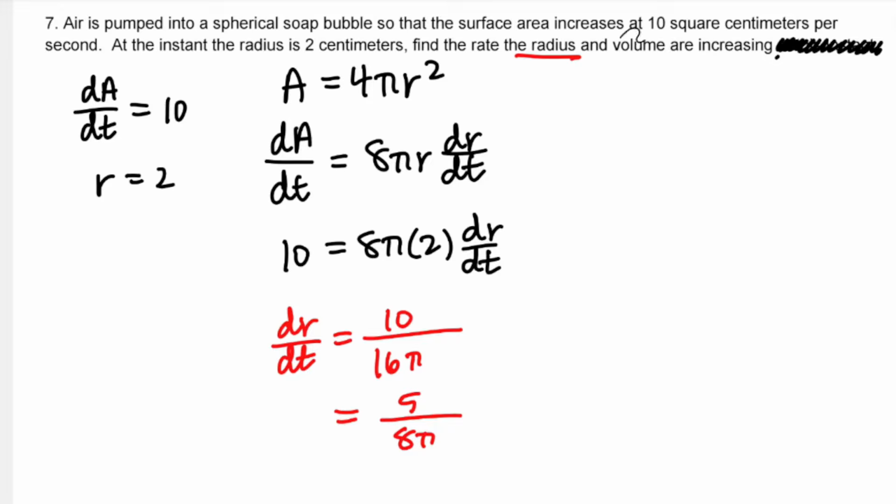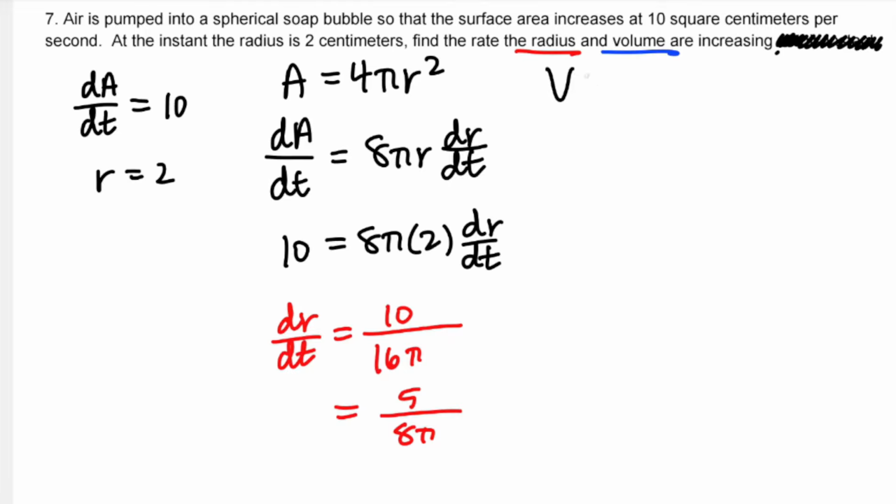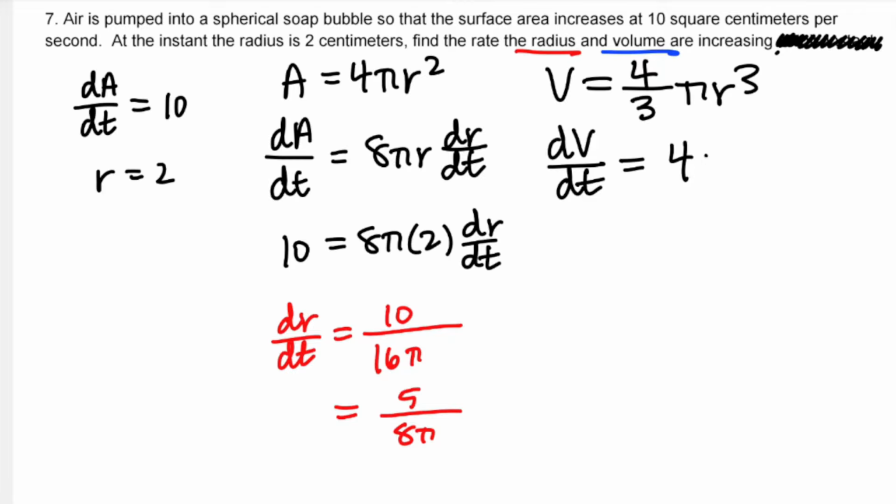And then, interested in the rate at which the volume is increasing, we're going to start with the relationship that volume is 4/3 pi radius cubed. We'll take the derivative of that with respect to time, and that'll be 4 pi r squared dr/dt, like we saw in the last one.